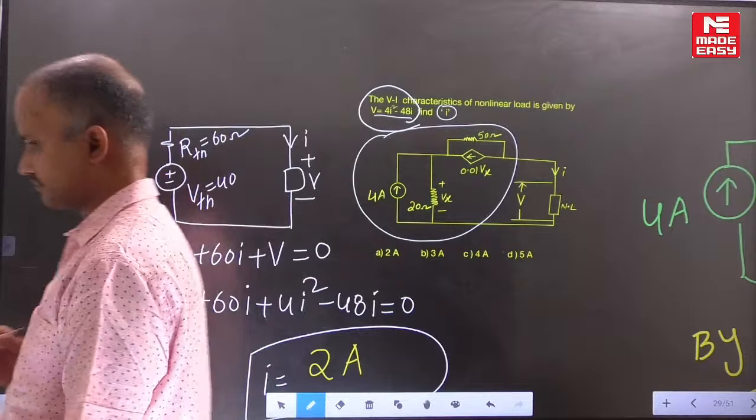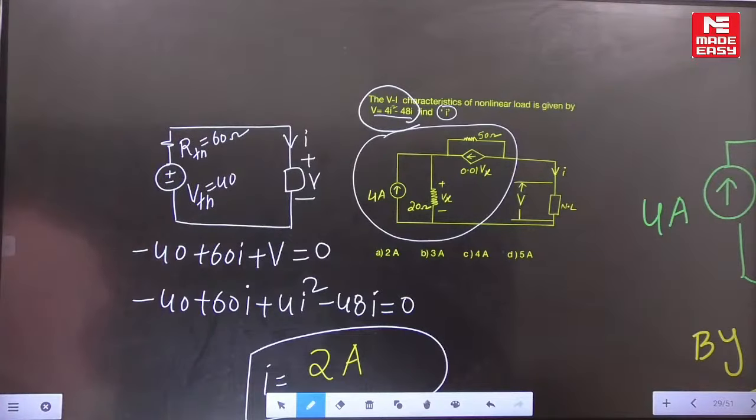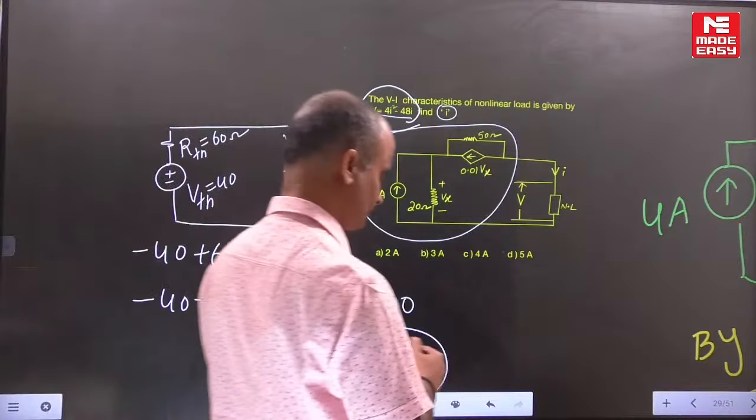Check, I equals 2 amperes. We consider only the positive current. The negative sign we won't consider. Finally we consider only the positive one.